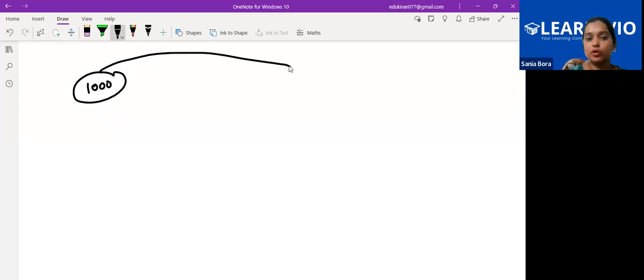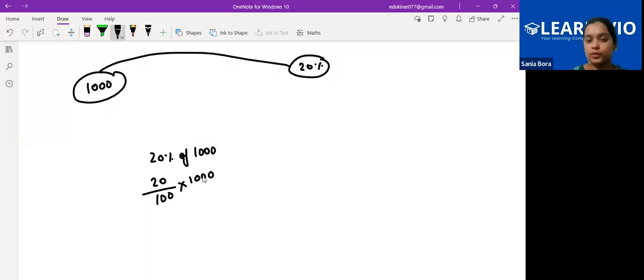Out of this initial deposit, you need to keep some reserve with the RBI, right? So for example, a 20% reserve. First of all, you need to find 20% of 1000. That is 20 divided by 100 multiplied by 1000. The zeros get cancelled, so that means 200 rupees.